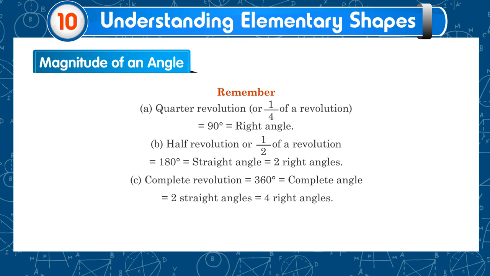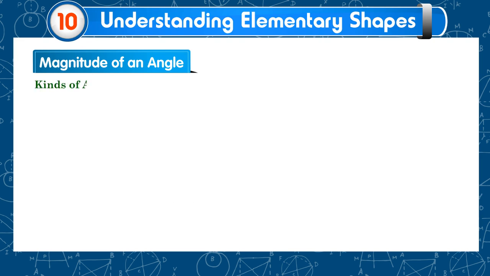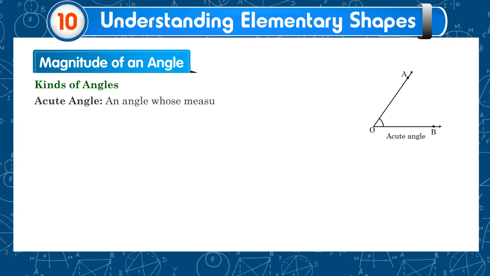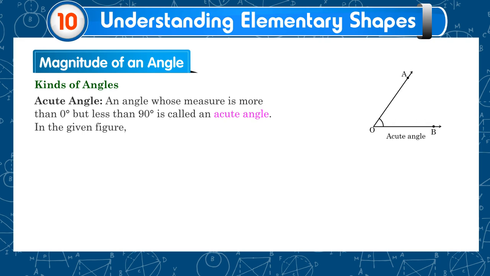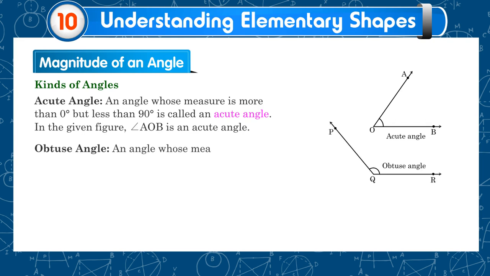Kinds of angles. Acute angle. An angle whose measure is more than 0 degree but less than 90 degree is called an acute angle. In the given figure, angle AOB is an acute angle. Obtuse angle. An angle whose measure is more than 90 degree but less than 180 degree is called an obtuse angle.